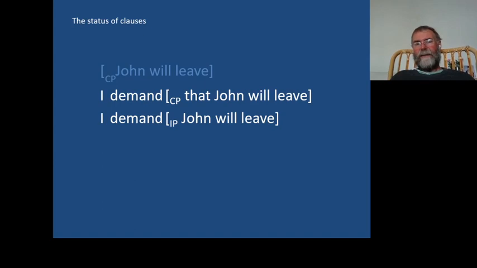You would expect if verbs could choose between what kinds of complements they could take, there should be some verbs that would take only a CP complement, i.e. verbs that would always have to have the that pronounced, or there should be verbs which only take IP complements, i.e. verbs for which that can never be present.